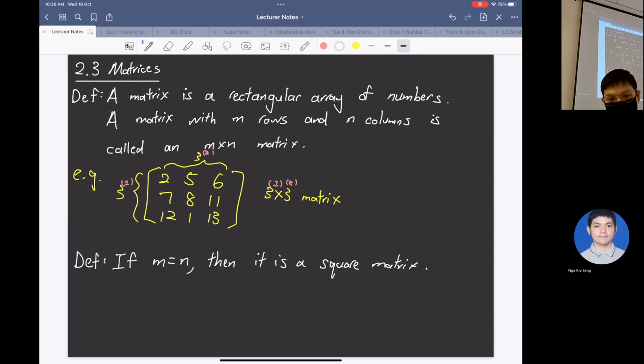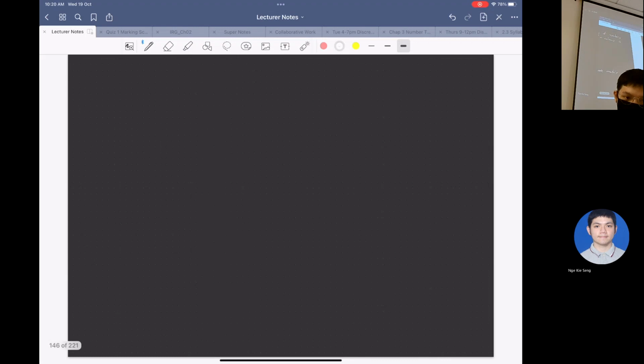Okay, so a square matrix has the same number of rows and columns. I think one good notation for matrices you need to learn is this. This is how you describe a matrix to a computer. So let A be an m by n matrix.